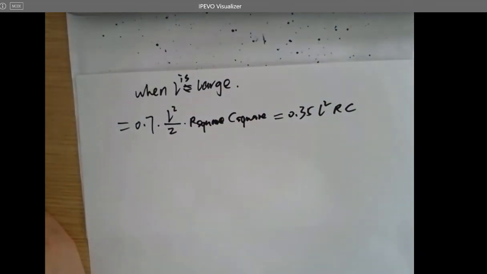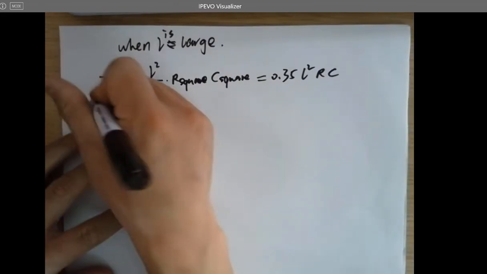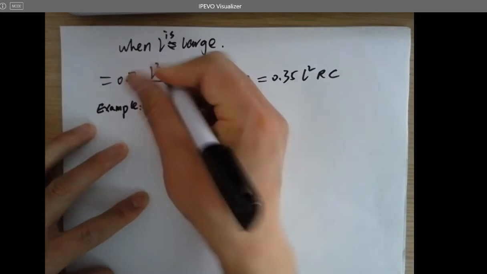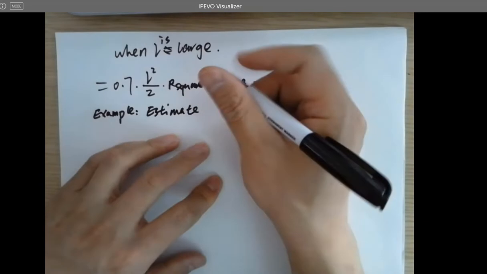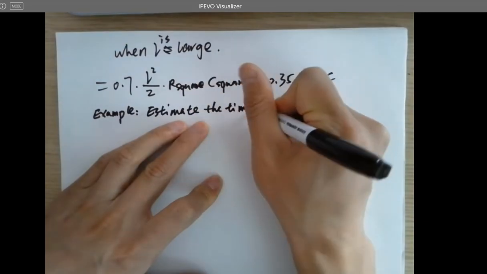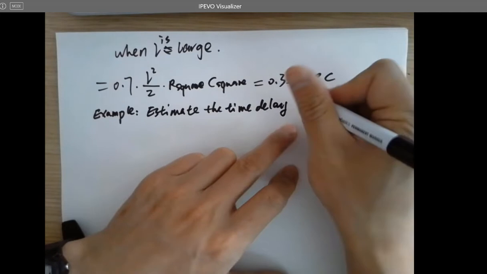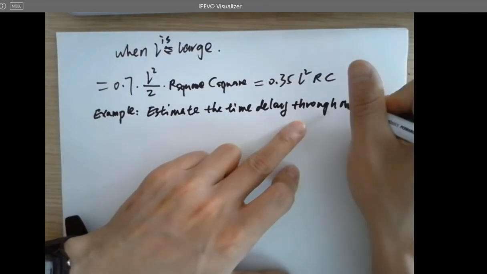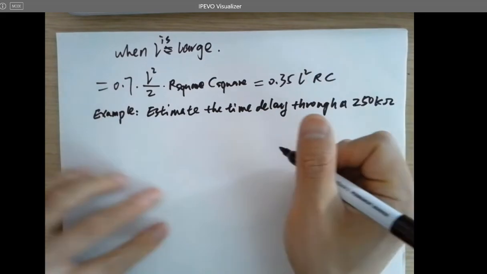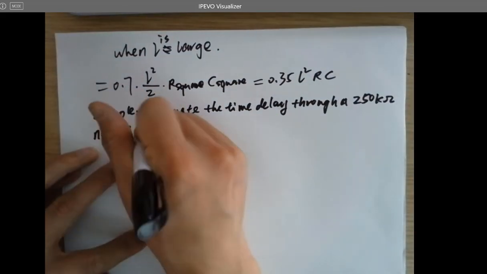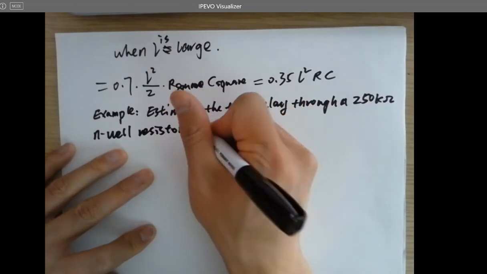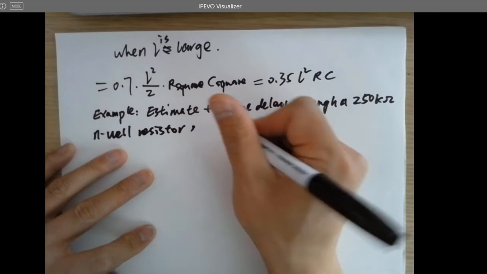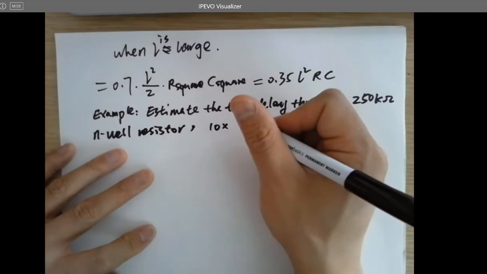So here's an example. A 250 kilo ohms N-well resistor, and it is a 10 by 50.